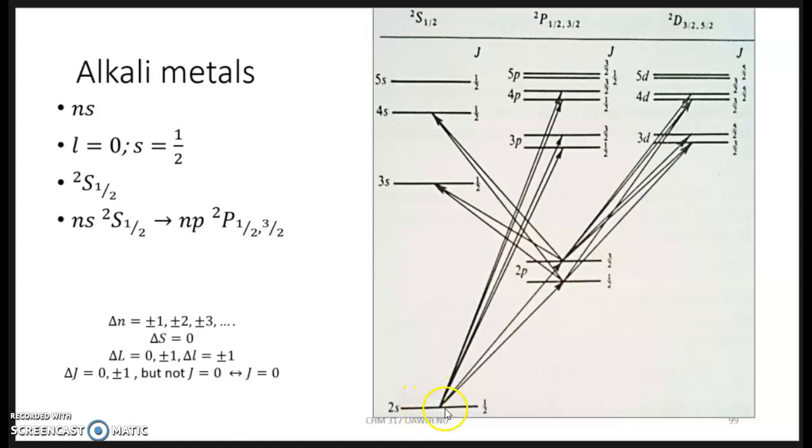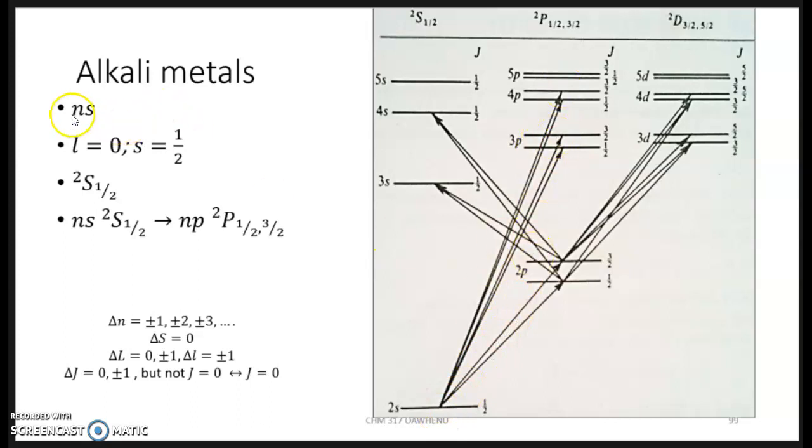For lithium, the electron is in the 2s orbital. It can go to any of the p states. The p state is split, because we have J equals 1/2 or 3/2. Same thing there, same thing there. So this can go from here to here to here, from here to the 3p, from S to the 4p.